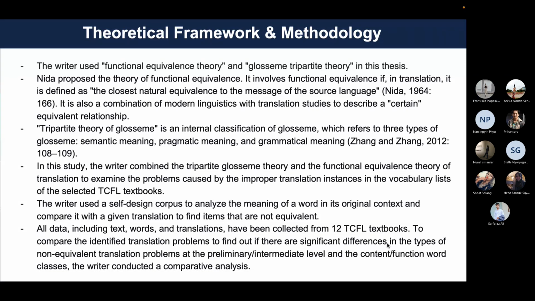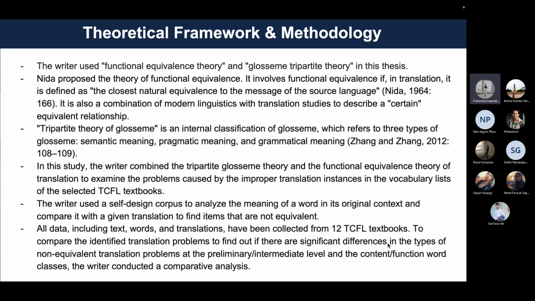The tripartite theory of glosseme is an internal classification of glosseme which refers to three types of glosseme: semantic meaning, pragmatic meaning, and grammatical meaning. In the tripartite theory, glosseme is a linguistic term.